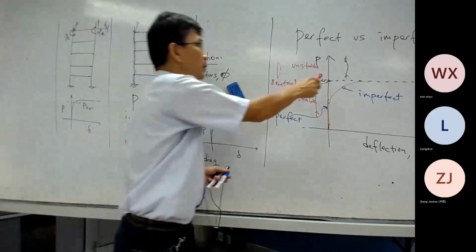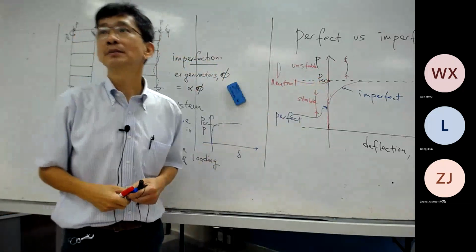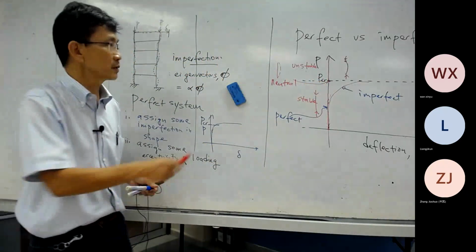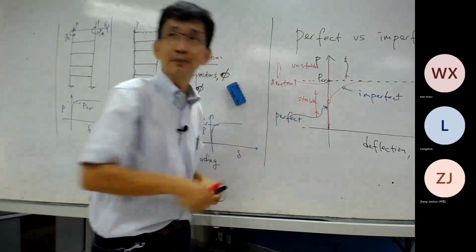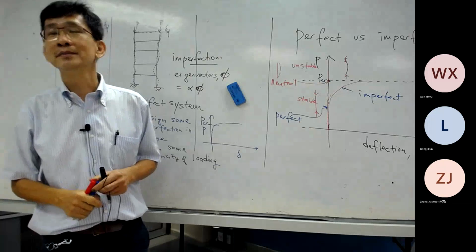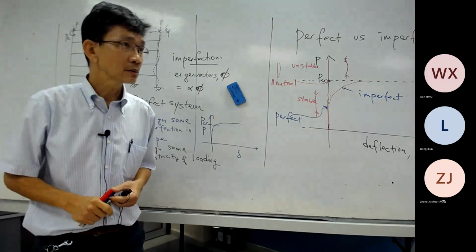Now, what is the name of this point? This is to give you some hint if I ask you in the test. What is the name of that point? There's a special name for that.